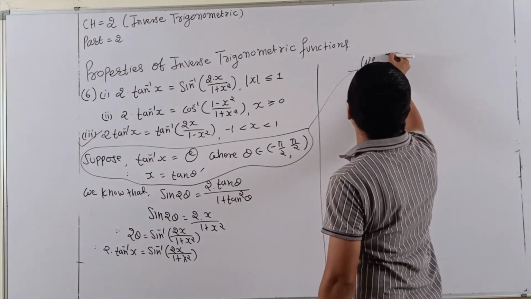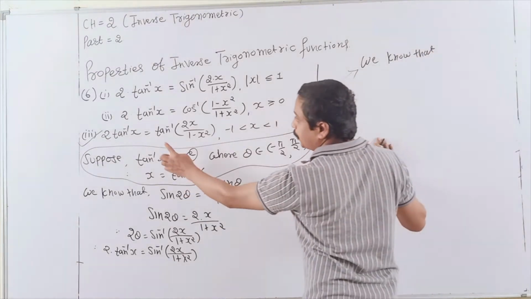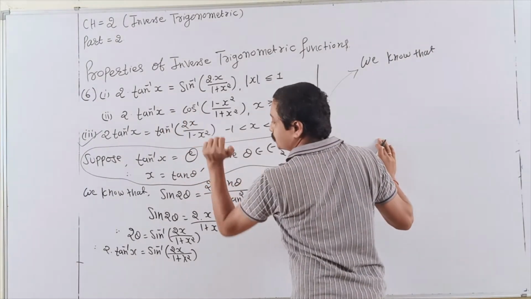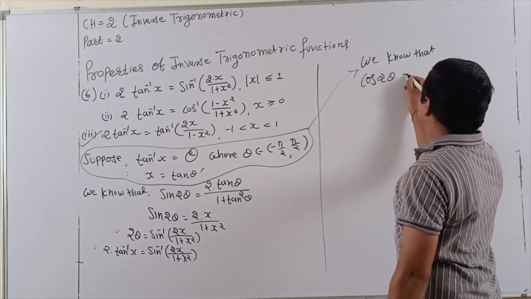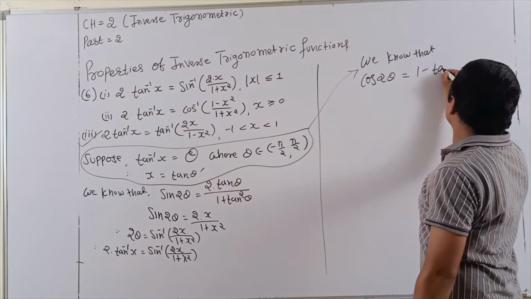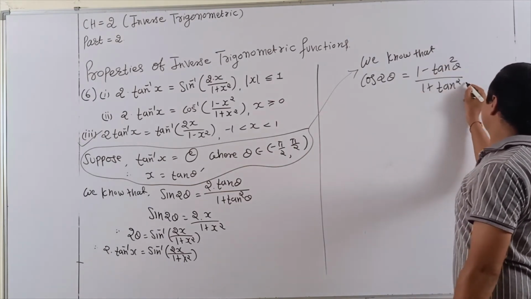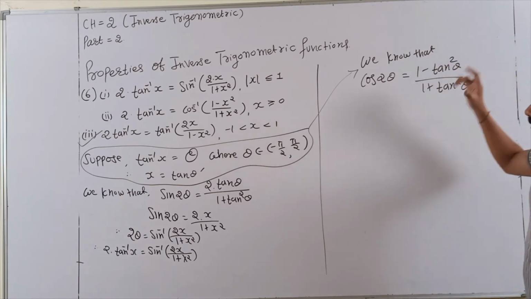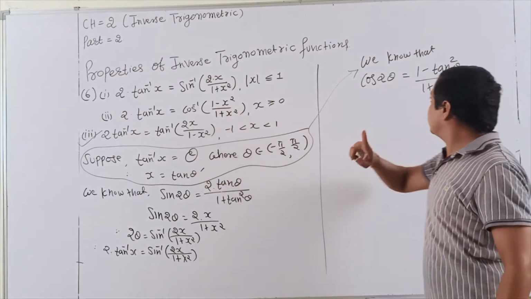So we know that, now utilizing the relation for our second property, cos inverse. Here apply cos 2 theta in terms of tan: (1 minus tan square theta) by (1 plus tan square theta). And this value tan theta, just put your value, already x you assumed. And this answer is done here.